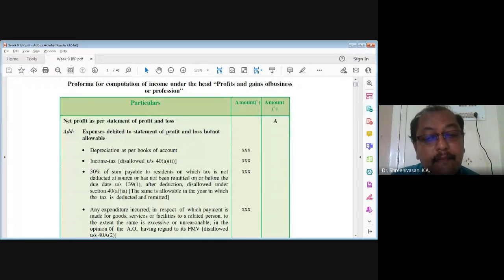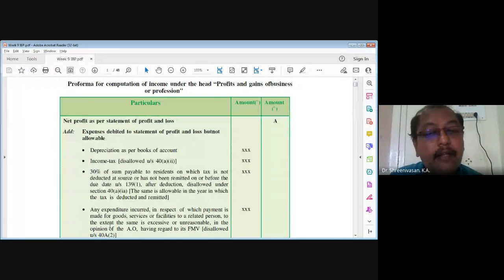Then any expenditure incurred in respect of which payment is made for goods, services, or facilities to a related person, to the extent that it is excessive or unreasonable in the opinion of the Income Tax authorities, has to be added back. That is not at all allowed by the Income Tax Act.